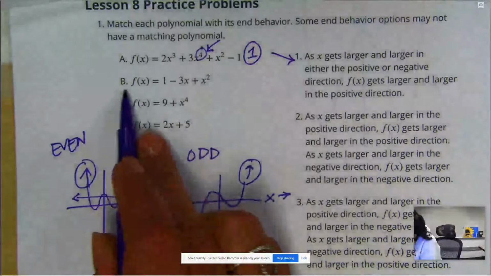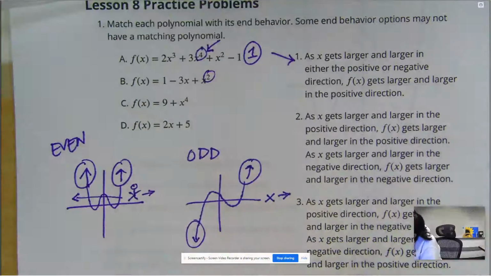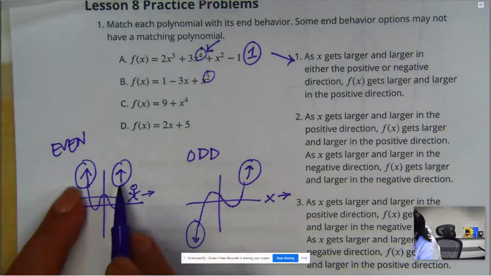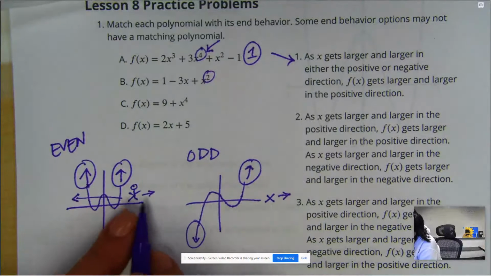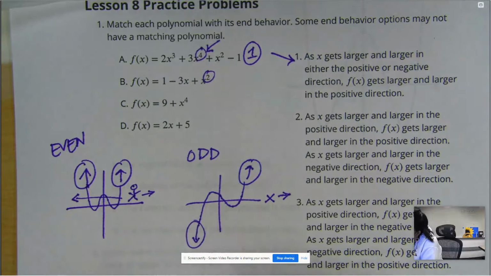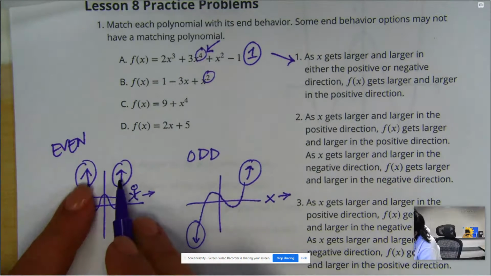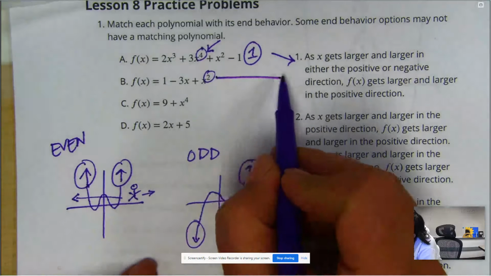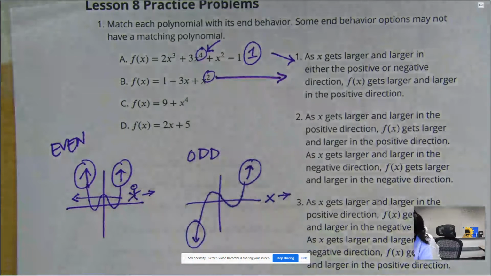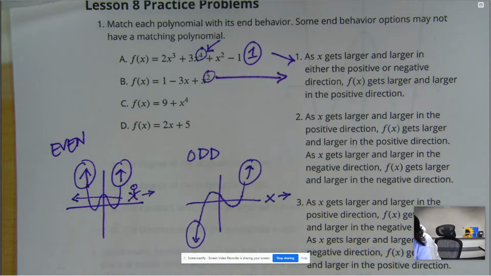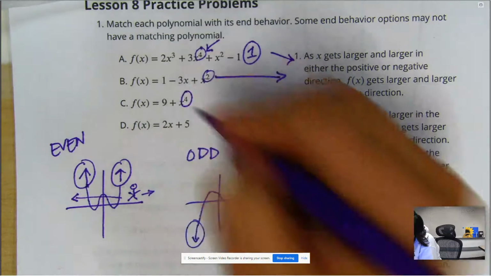All right, let's look here. Letter B is also an even degree. So it's the same thing. No matter which way I travel, the graph is going to get bigger and bigger in the positive direction. All right, letter C is also an even degree.